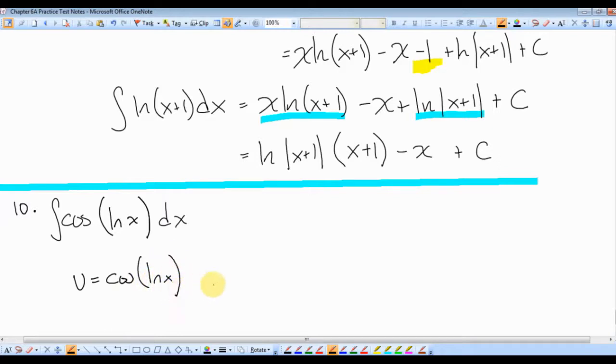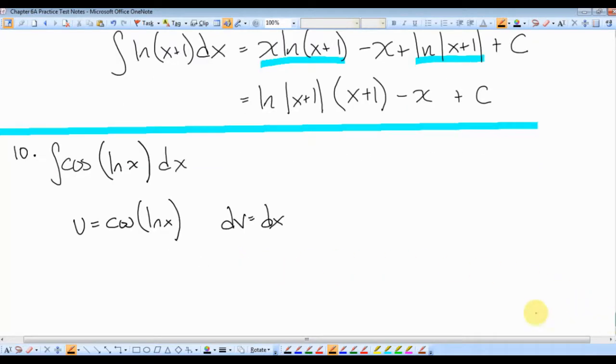What's dv? Good. I like that. du is negative sine of ln(x), the derivative of that, times 1 over x. Yes, and v is the antiderivative of dx.